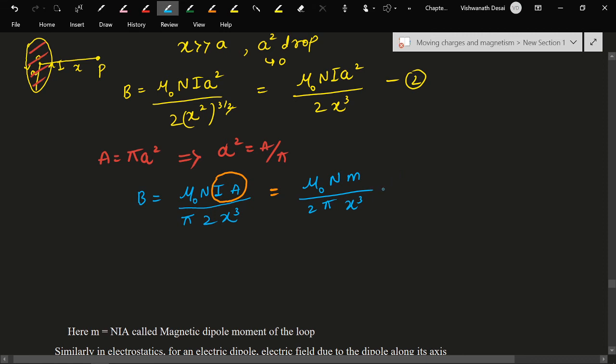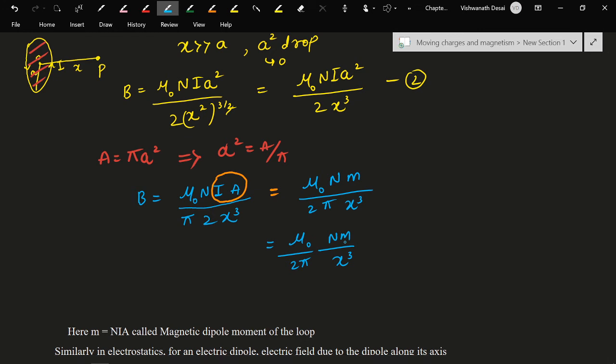Rearranging, I write mu naught divided by 2 pi, n into m divided by x cube. This is for n turns.